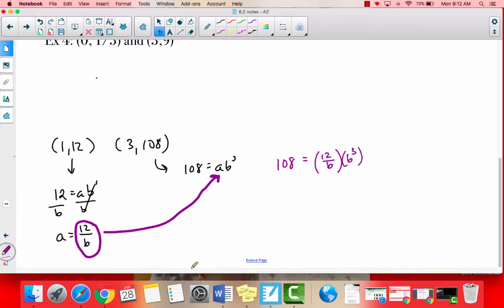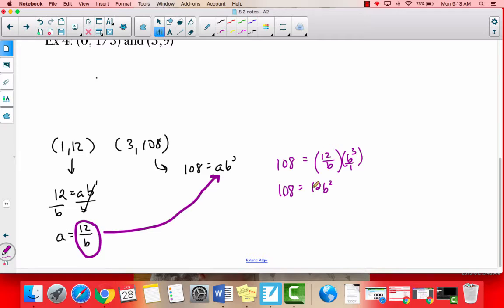And now I can reduce, and I have an equation with all one letter in it, which makes it solvable. So if I reduce this, I get 108 equals 12. Now I have b to the 3rd and I have b. B to the 3rd is the same as saying b to the 3rd over 1. So these are actually on the top and bottom, so they're going to cancel, and I'm going to be left with b squared. And now this is something that we can solve pretty easily.